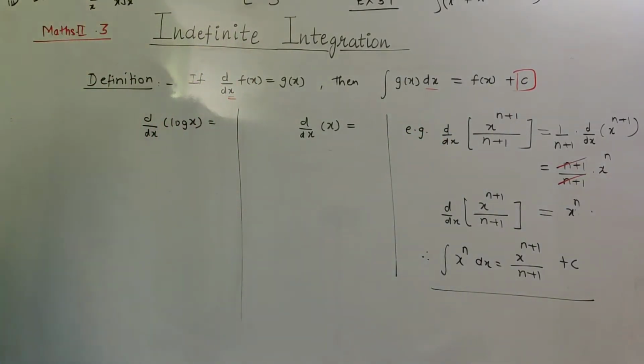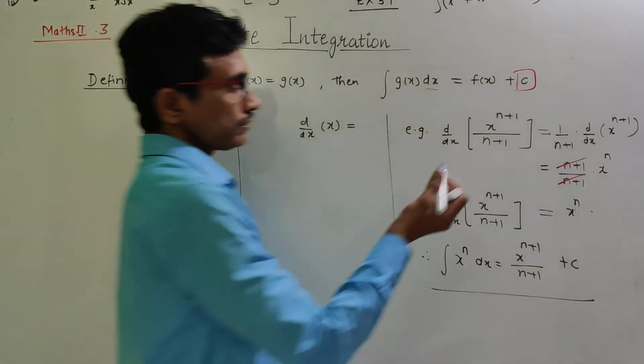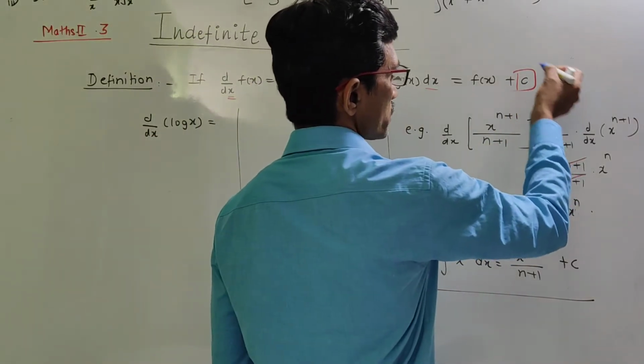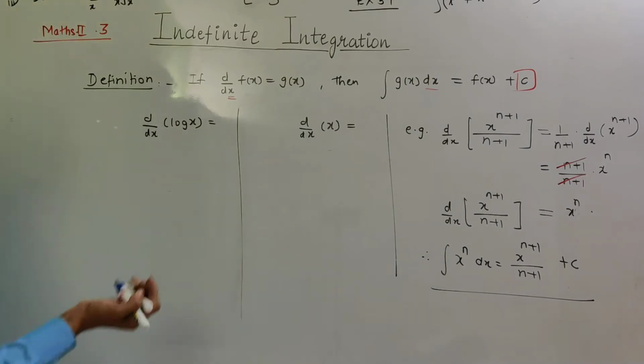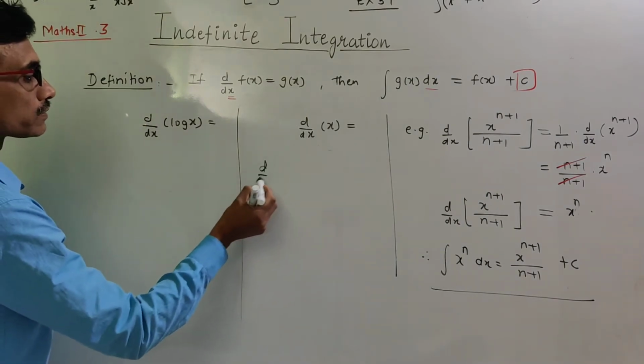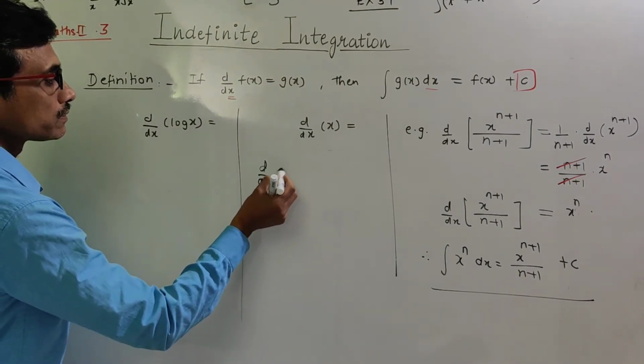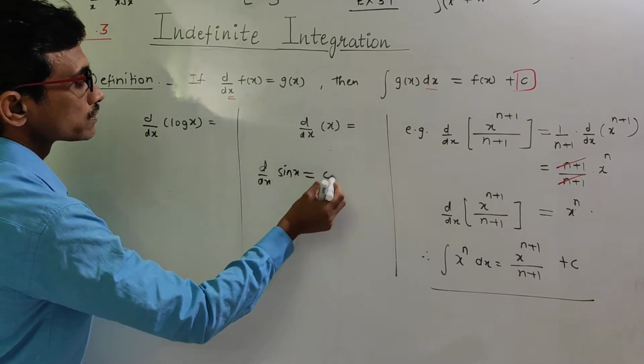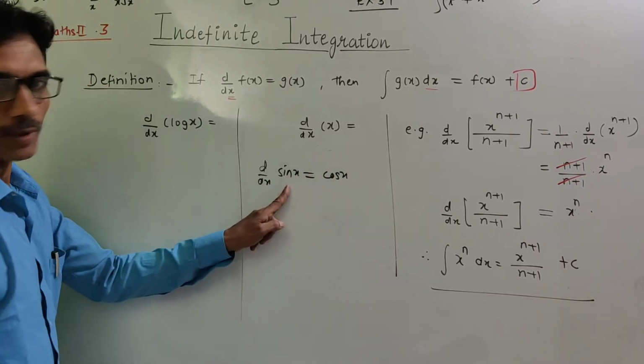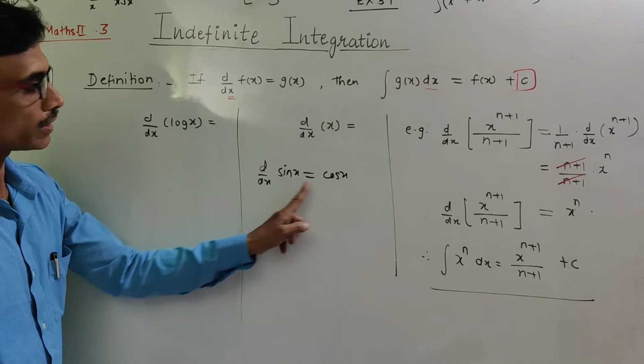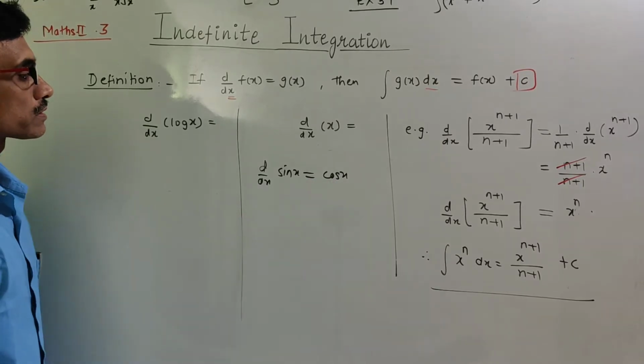See, for example, we know the derivative of sin x is cos x. So sin x is an antiderivative of cos x, or indefinite integral of cos x.